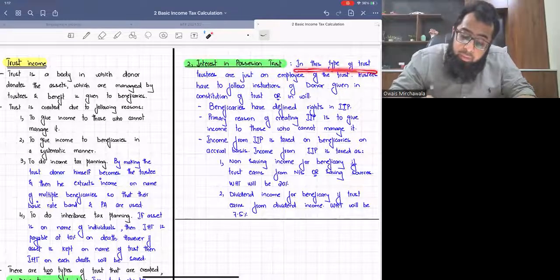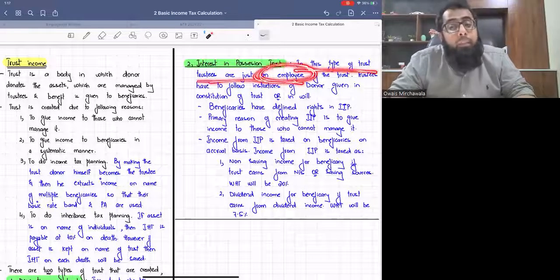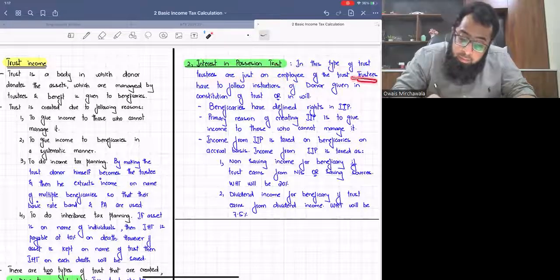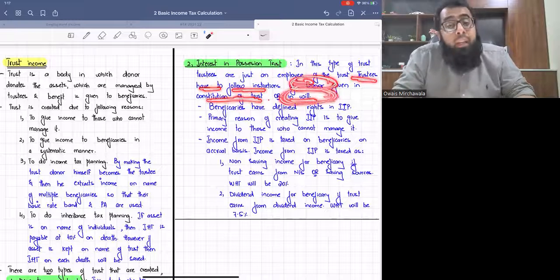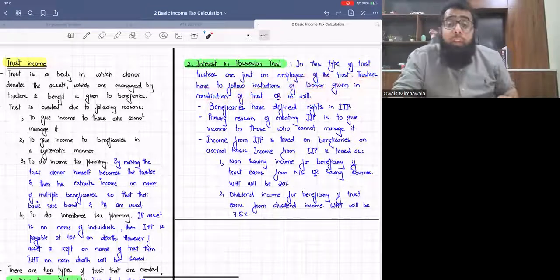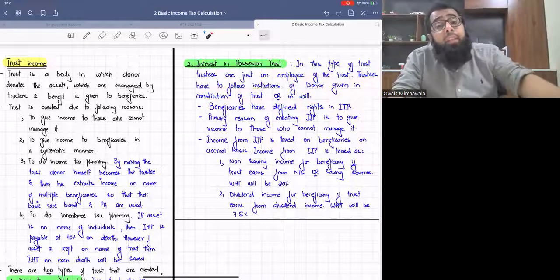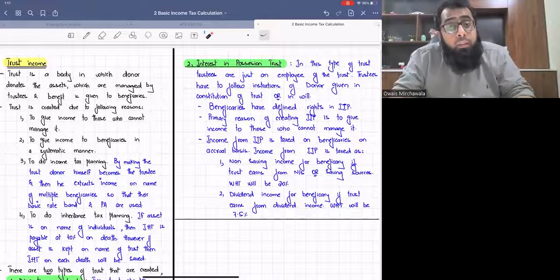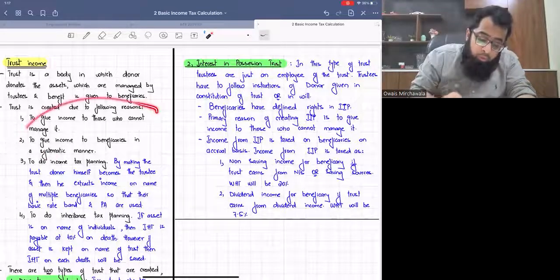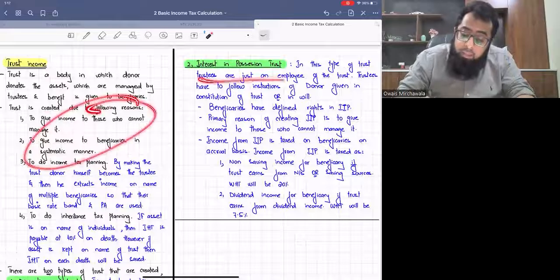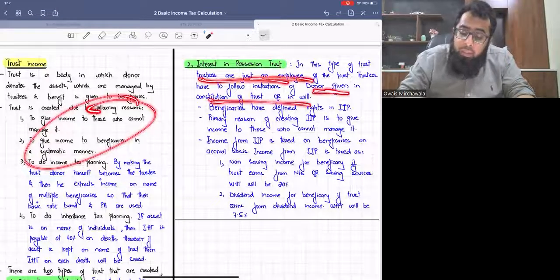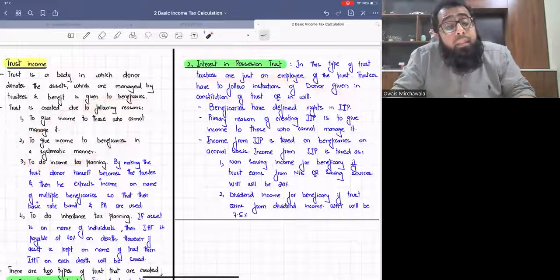Trustees will have to follow the instructions of the donor given in the constitution or in his will. Now, interest in possession trust is created when your children are small or when you want to go for a systematic manner. Because here the trustees are just an employee and the donor's instructions are followed.